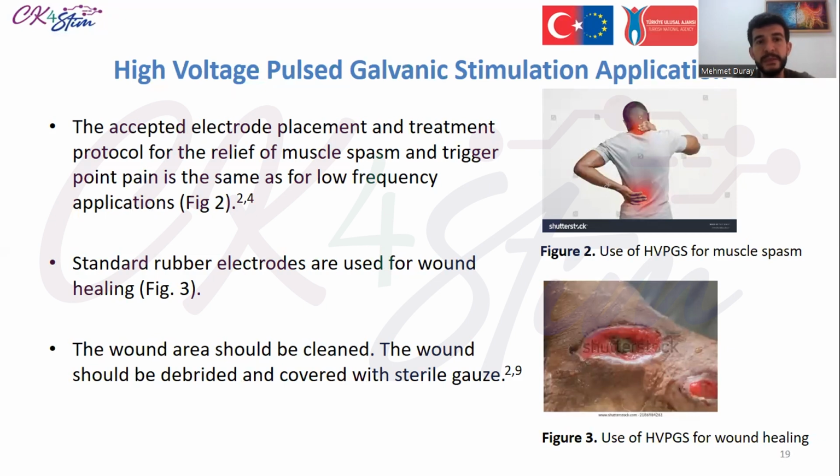For muscle spasm and trigger point pain, the accepted electrode placement and treatment protocol is the same as for low frequency applications, and standard rubber electrodes are used for wound healing. For wound healing, the wound area should be cleaned. It is very important, and the wound should be debrided and covered with sterile gauze.